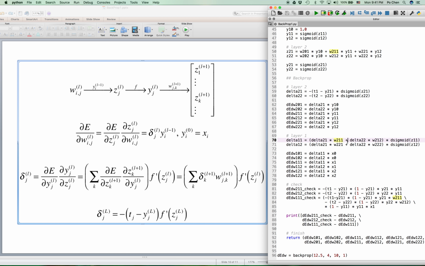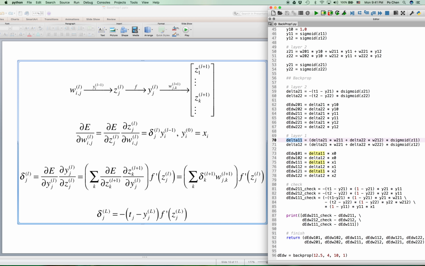And then plus, when k equals 2, delta 2 2 multiplied by W 2 1 2. And then multiply with the derivative of the sigmoid function evaluated at z, L equals 1, j equals 1, so z 1 1. That's delta 1 1. Again, it's just a straightforward translation of this particular mathematical equation.